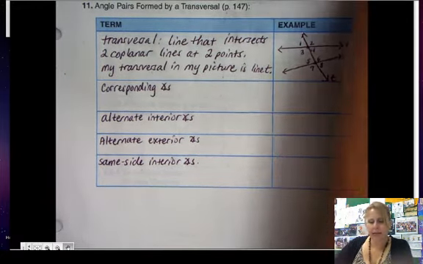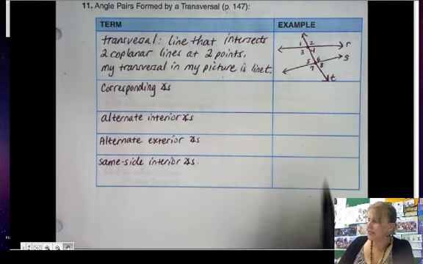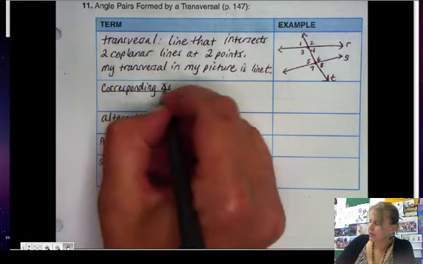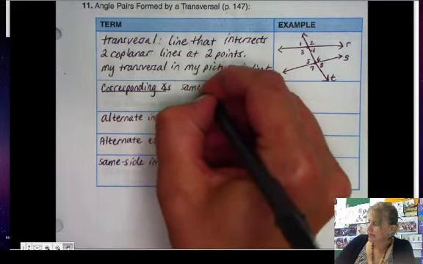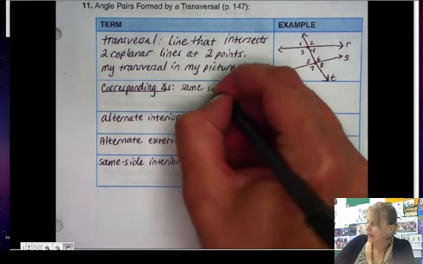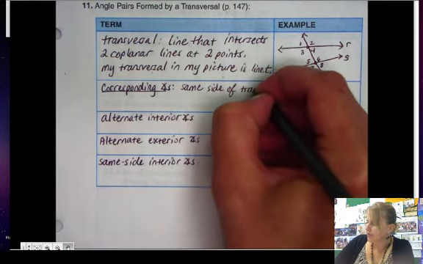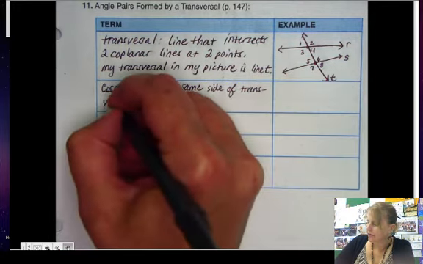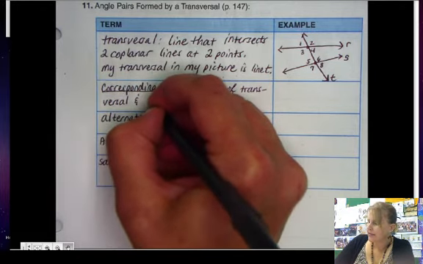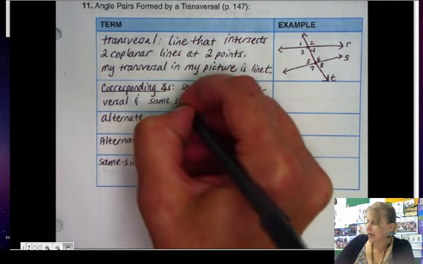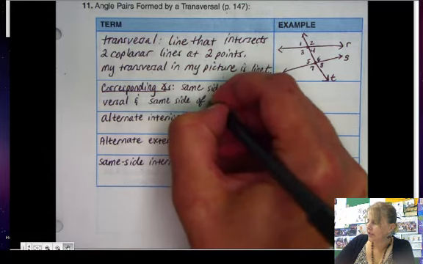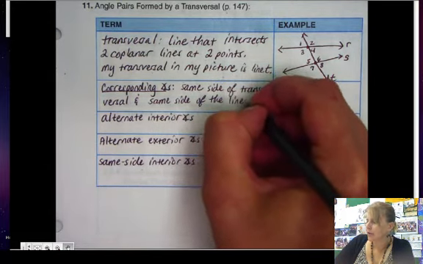So corresponding angles are on the same side of the transversal, and same side of the lines, the other 2 lines.